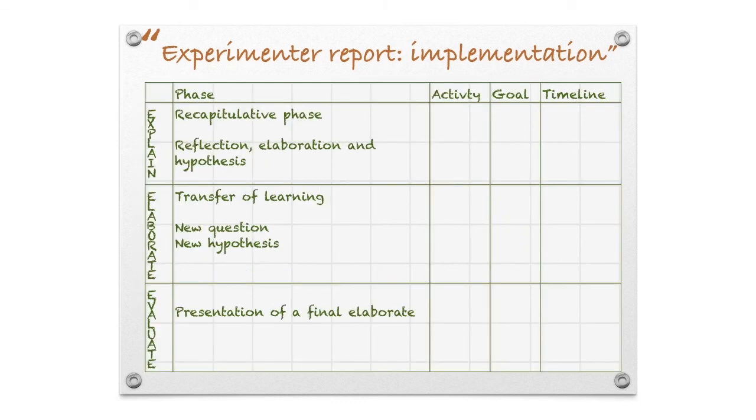These are the other three parts of the IPSE activity. Of course, to write down the activity, goal and timeline, you are completely free to decide the way in which you report this, because it depends on the age of your students and the type of school.